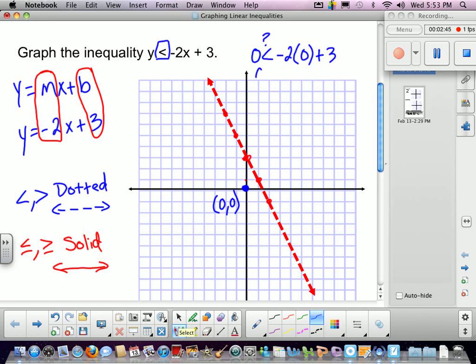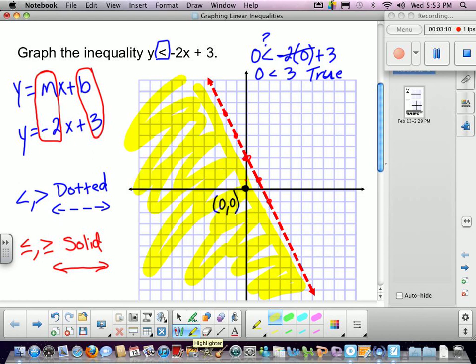So is 0 less than, that would just be 0, so that would be 3. Is 0 less than 3? That is true. Since it's a true statement, we want to shade that region. Okay, so we will shade the region that contains the ordered pair (0, 0). Okay, so we would shade all this in here, and that would be our inequality being graphed.